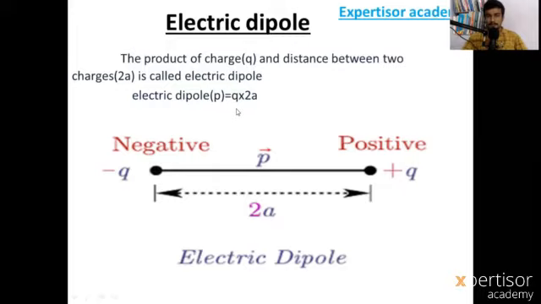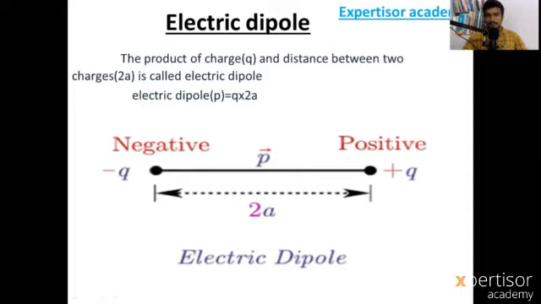Based upon this, consider an electric dipole placed in an electric field. This electric dipole has an axial line, and there is any point on the axial line.